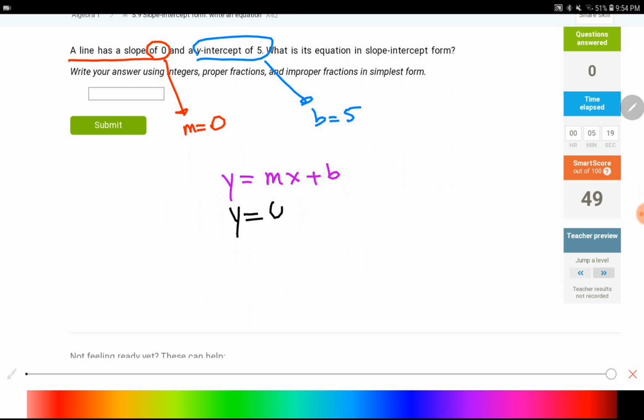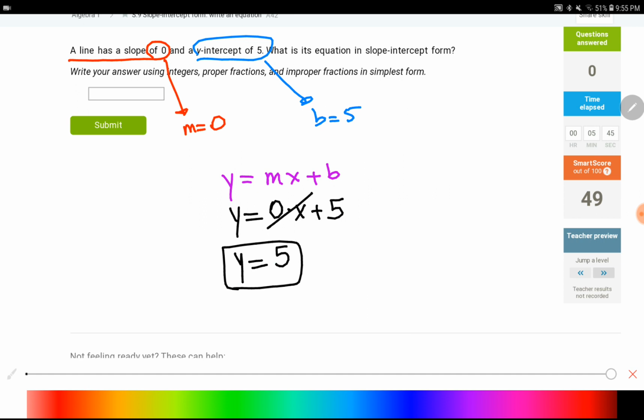y equals 0 times x plus 5. So, as you may know, 0 times x, that's going to be nothing. That's 0. So, 0 plus 5 equals 5. So, this would be my final answer. There's no x in here. There's no number in front of x.